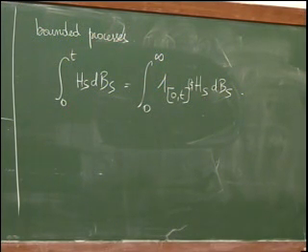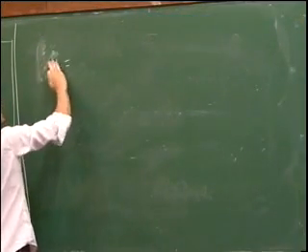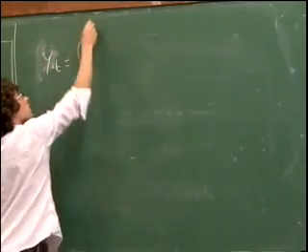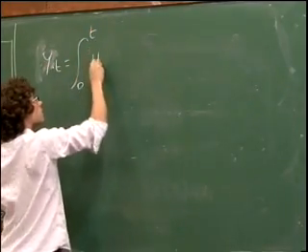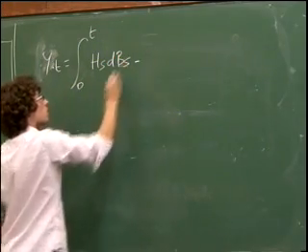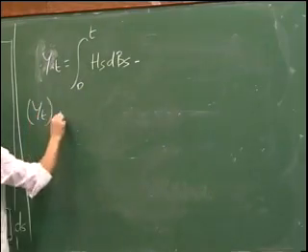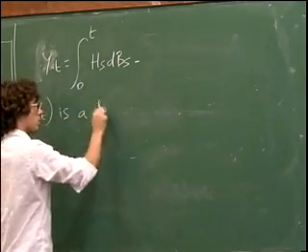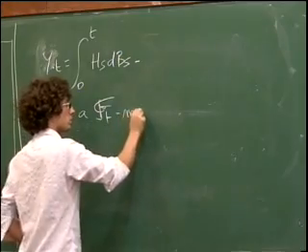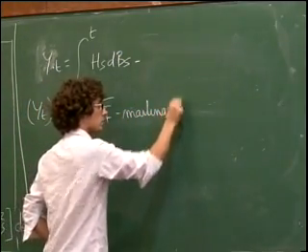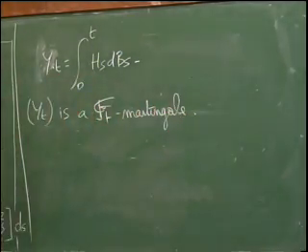And the first property, which is non-trivial, is that this process, that I will call Mt or Yt, is a martingale. Okay?